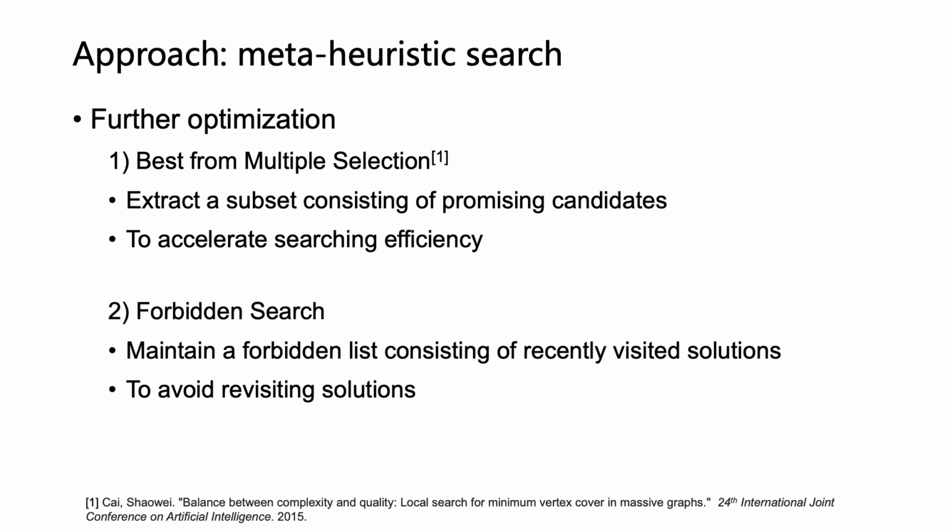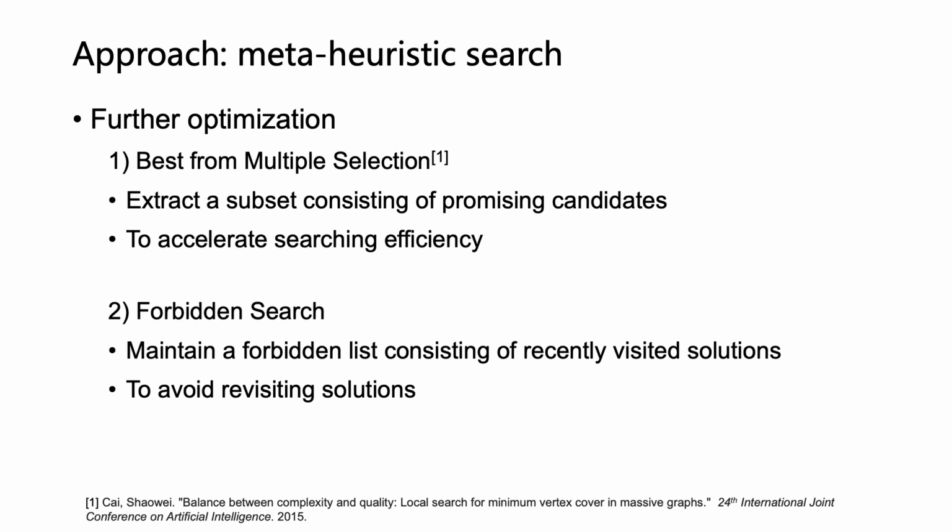Although the search space in each search step is reduced to the neighbors, there are still a lot of attribute values. Evaluating every single value would cause large overhead and thus cause inefficiency of our search framework. So, in order to reduce the evaluation overhead, we utilize the best from multiple selection strategy to extract a subset consisting of promising candidates to reduce the evaluation overhead and to avoid the local minimum.